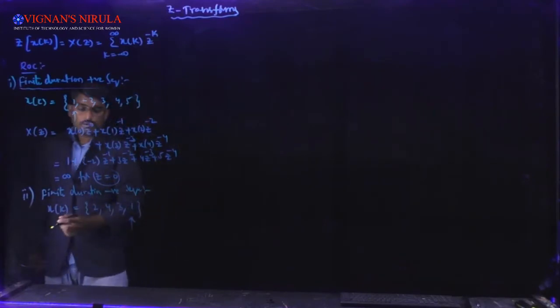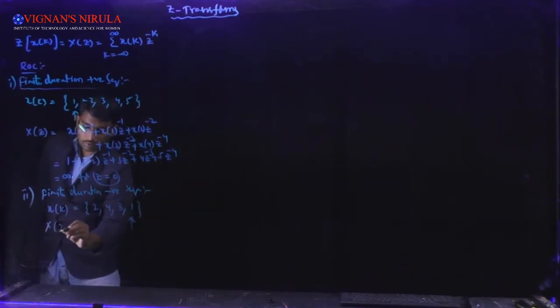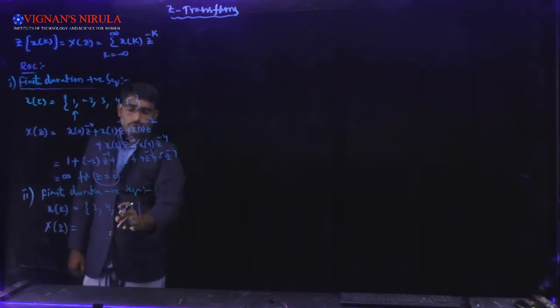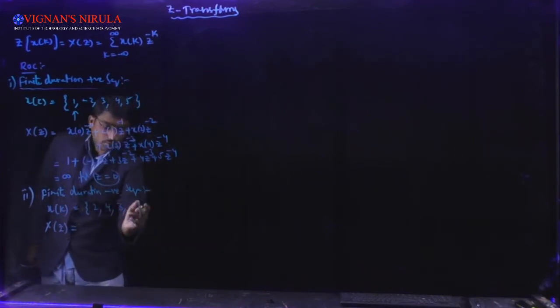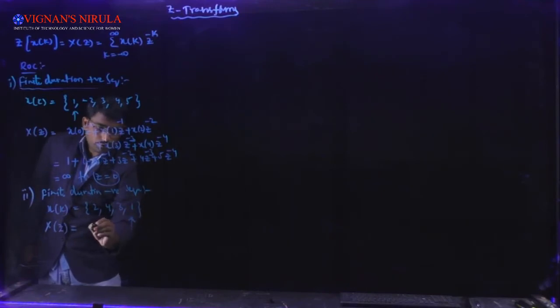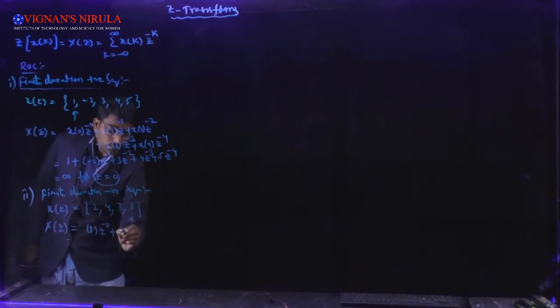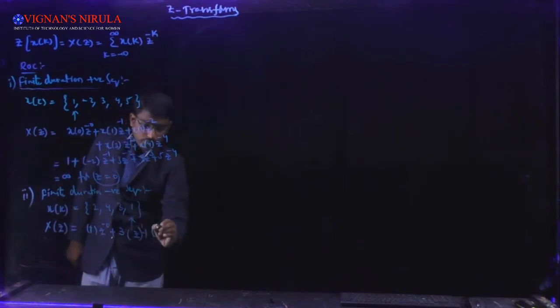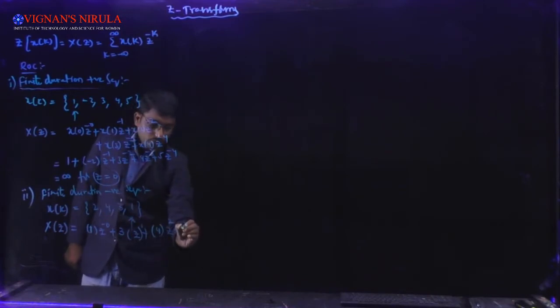Now if you find the Z transform for this signal, this is the k equals 0th sample, first sample, second sample and third sample. So x of 0 means 1 into z power minus 0, plus x of minus 1 means 3 into z power minus of minus 1, that is z power 1, plus x of minus 2 means 4 into z square, plus x of minus 3 means 2 into z cube.